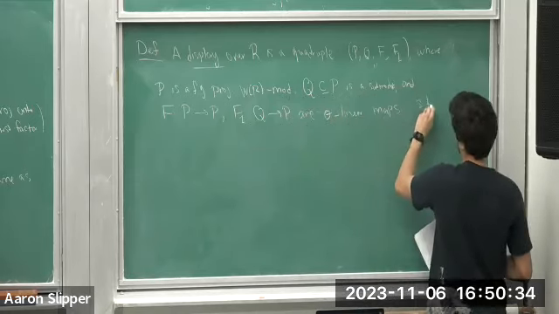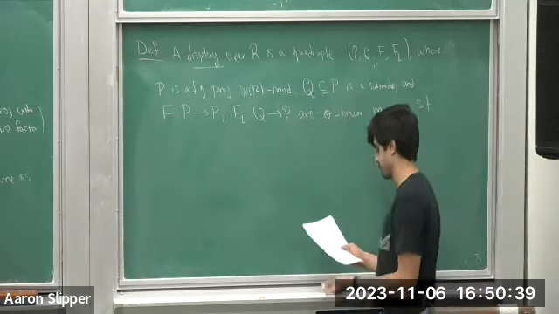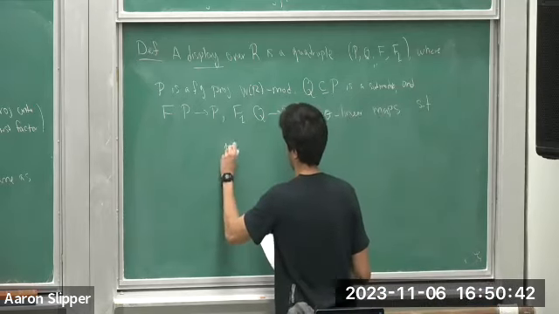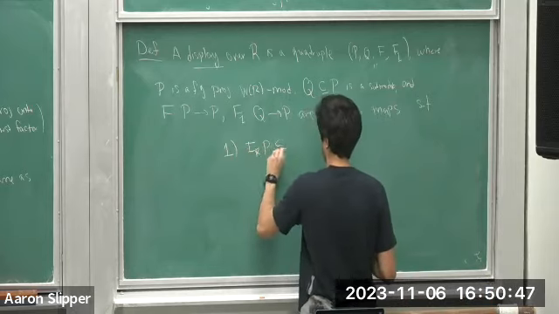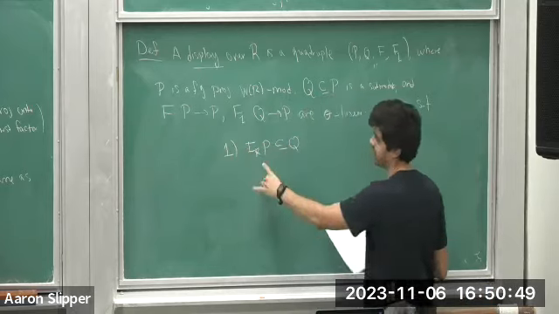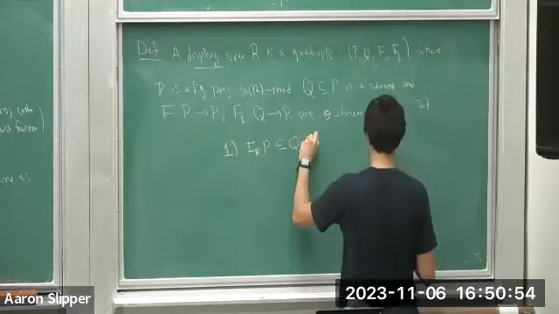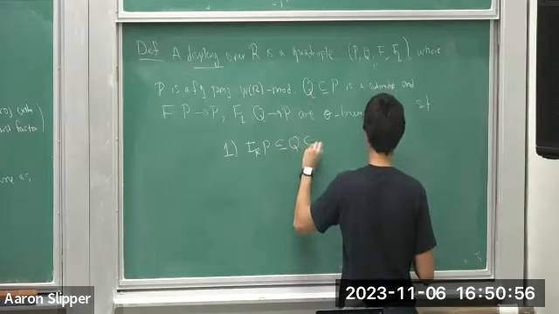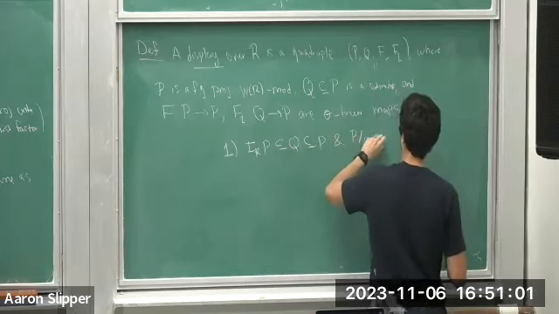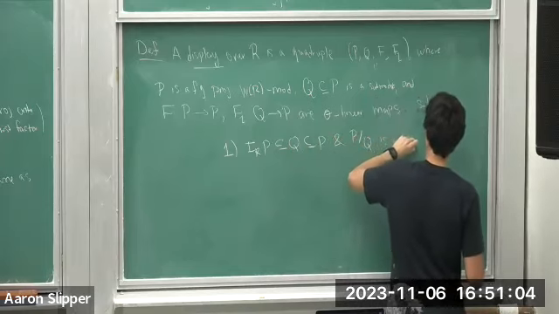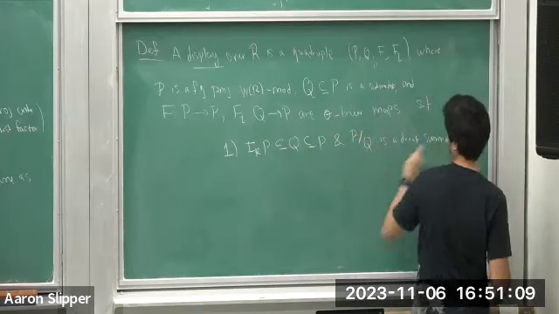They have to satisfy some extra conditions, which basically are modeled on what happens for a Dieudonné module. So such that Q has to contain the submodule of P generated by this ideal, and P over Q is a direct summand.